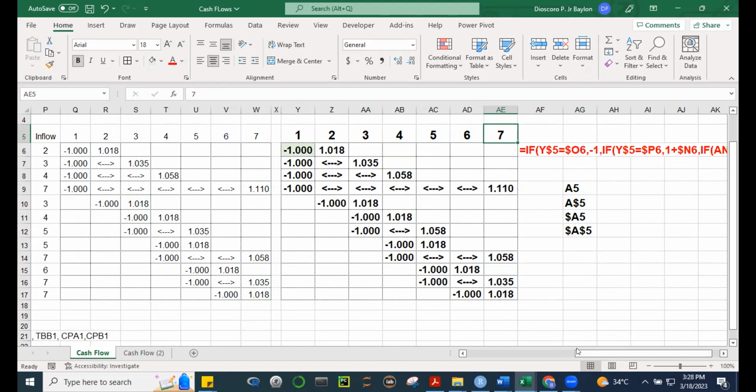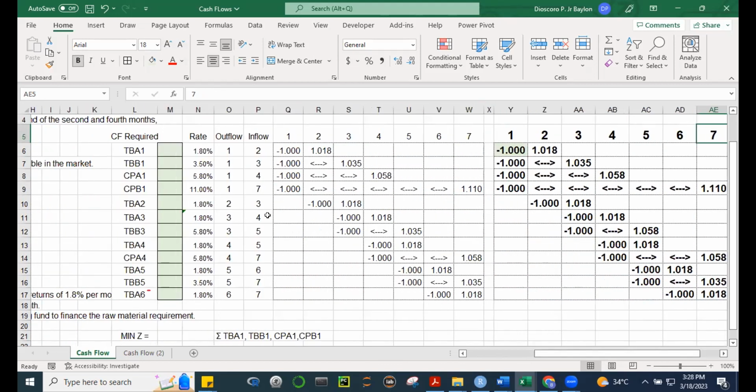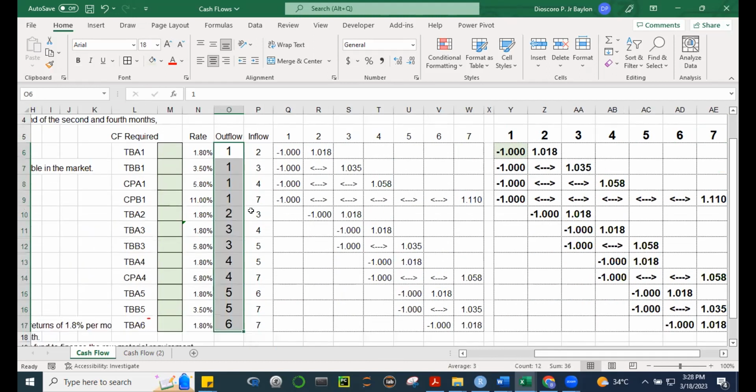How about this $06? For $06, we're only looking at this specific column because it's the outflow column. So we only want to move along this. This is the source of the information of whether this investment is an outflow or not.